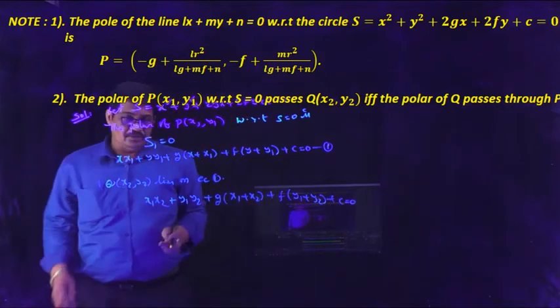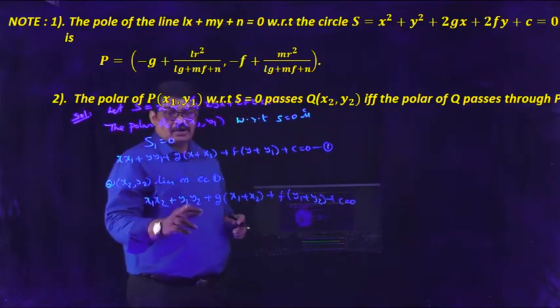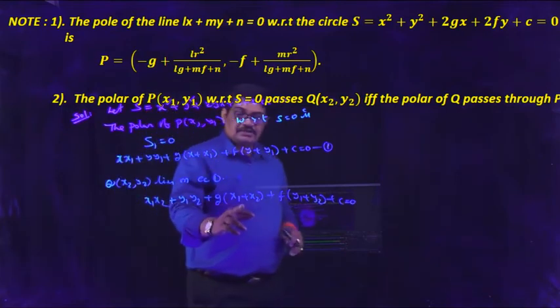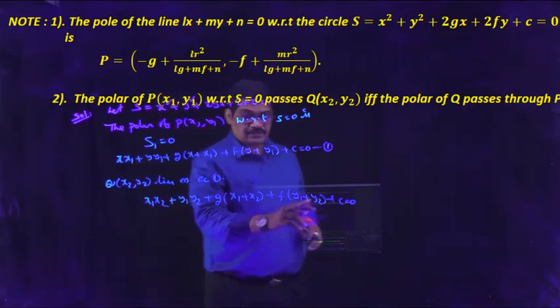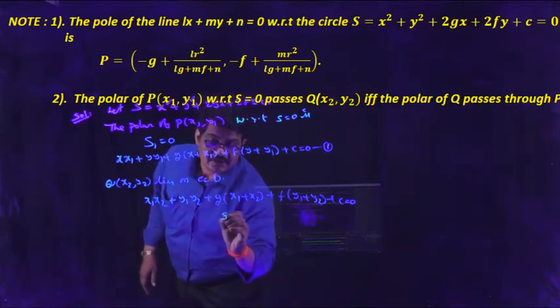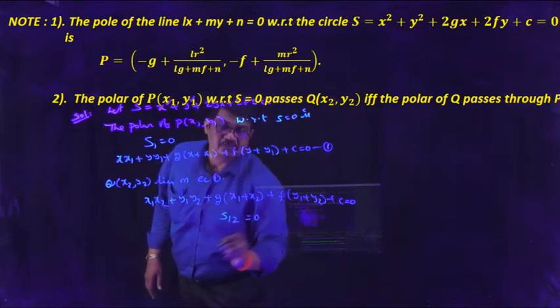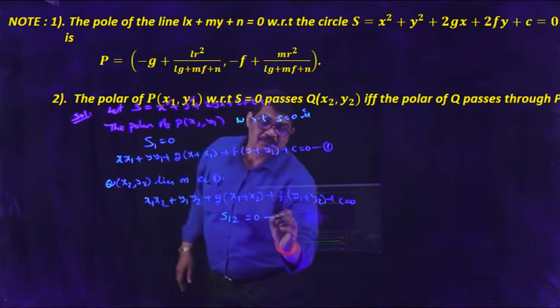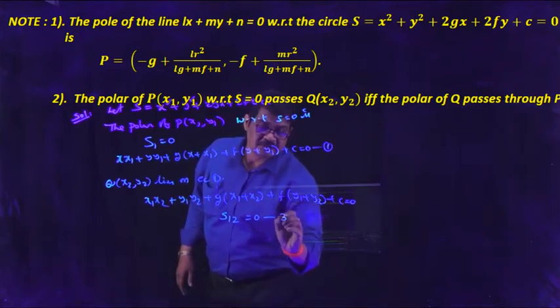What is the notation of this equation? x1x2 + y1y2 + g(x1 + x2) + f(y1 + y2) + c = 0. We use the notation S12 = 0. That is the same equation, that is equation 2. Okay.